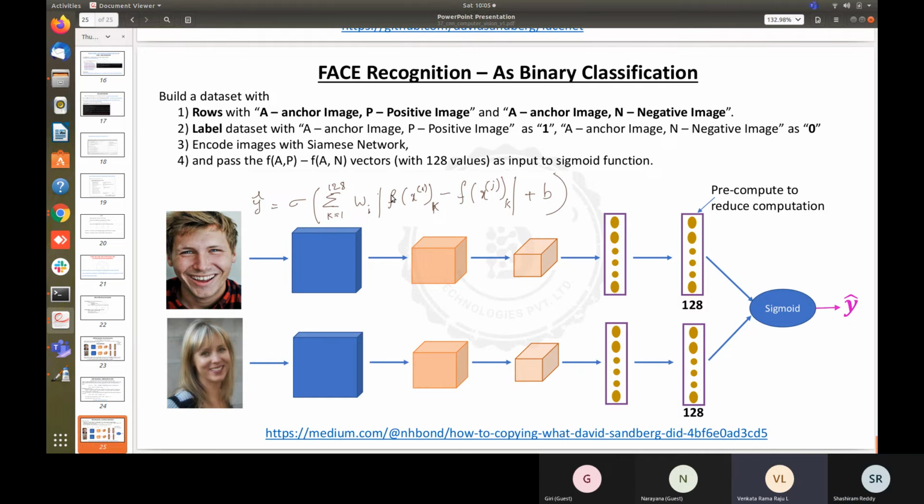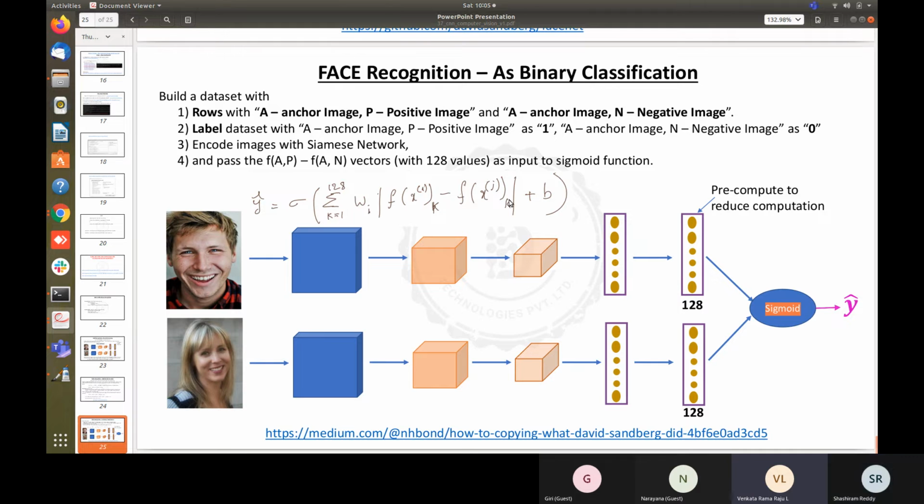After passing this image Xi through the neural network, and after passing the image Xj through the neural network, I am taking the Euclidean distance between these two, and then passing that into the sigmoid function. The sigmoid function's y cap is 1 by 1 plus e power minus z, right?